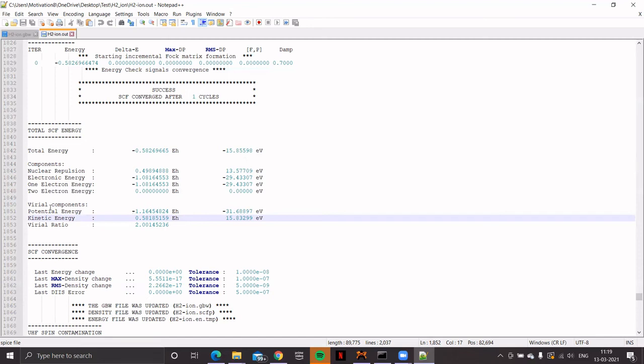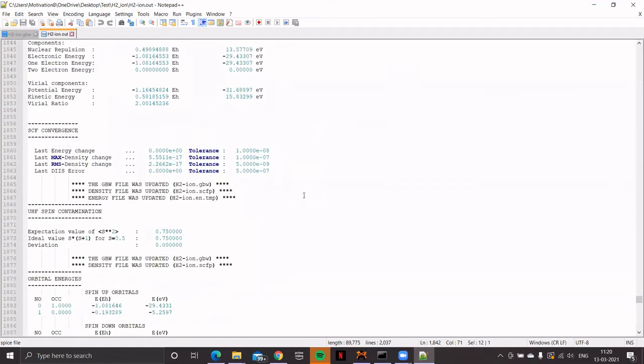So the total potential energy is actually the sum of this nuclear repulsion and the component present in this electronic energy, that is the nucleus-electron interaction term. That's the total potential energy, and then there's this kinetic energy. So finally, if I sum these two, you'll get this particular value.